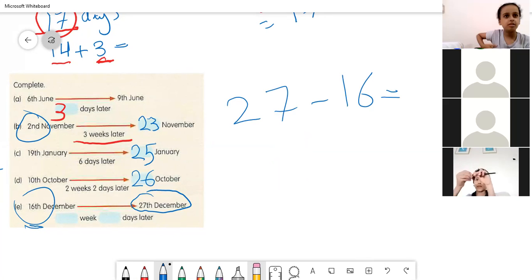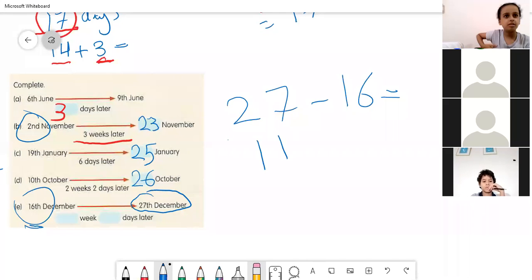First of all, you have to find how many days from 16 until the 27th. We are going to count the days only. So we are going to say 27 minus 16. How many days from the 16th to the 27th? 11 days, right?